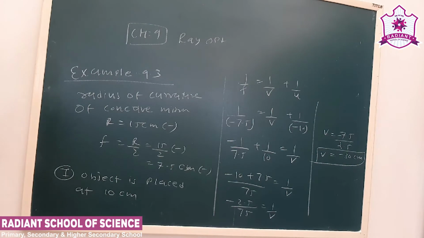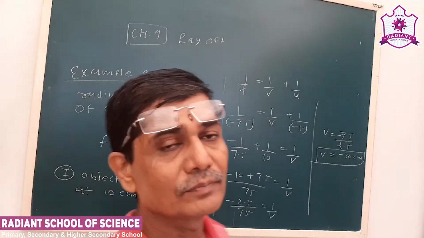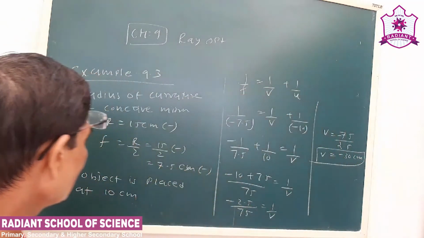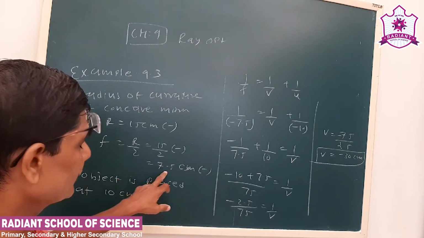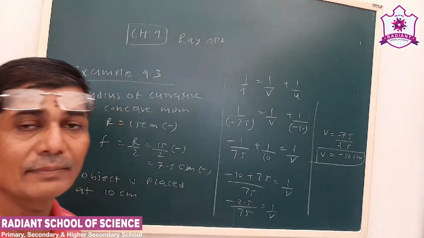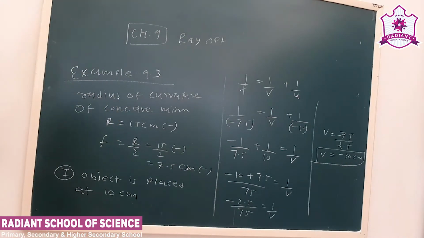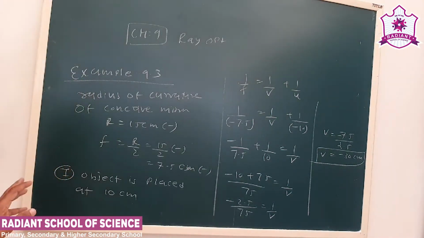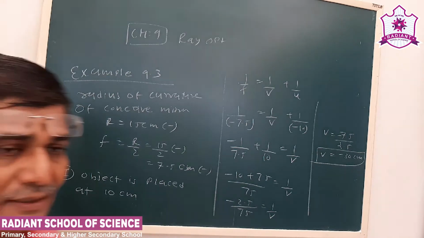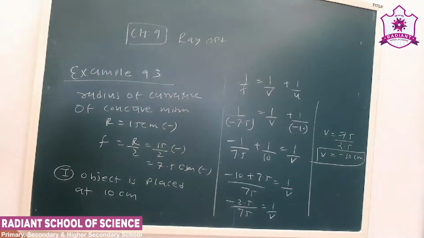Okay. Now see, if you have understood the ray diagram very well, where the object is placed. Our focal length is 7.5 centimeter, radius of curvature is 15 centimeter, object distance is 10 centimeter. So we can say the object is placed between F and C of a concave mirror.